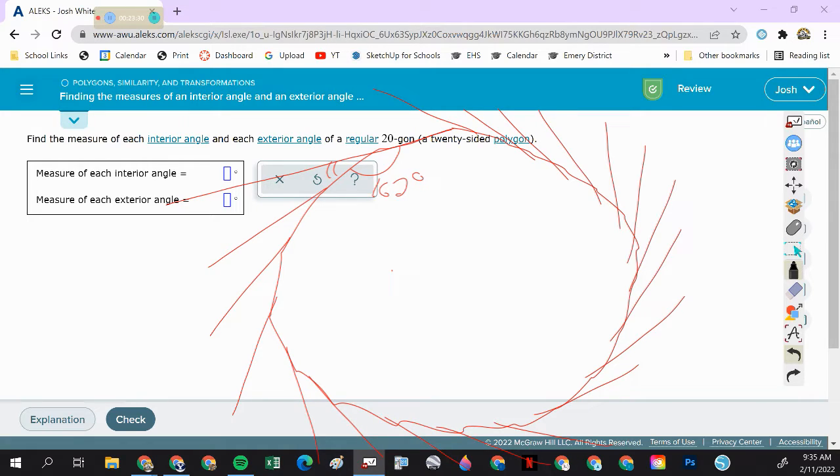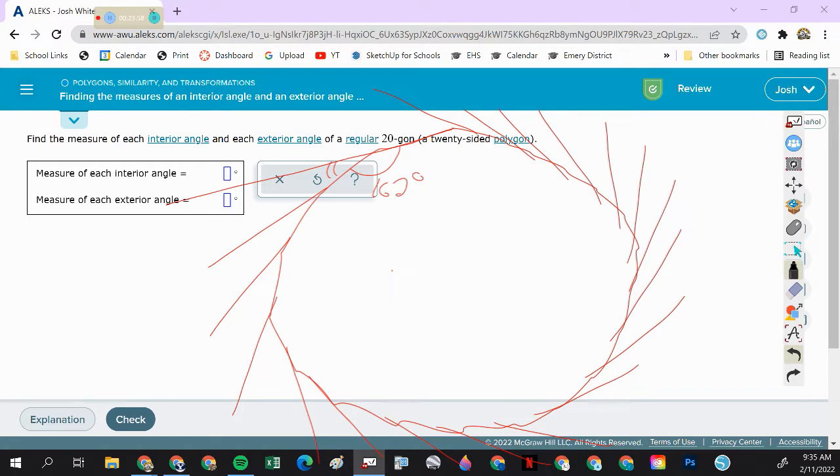And they're all the same size. So if you add up all exterior angles, it doesn't matter the shape. If it's convex, then they always add to 360. The exterior angles always add to 360, no matter what the shape is.